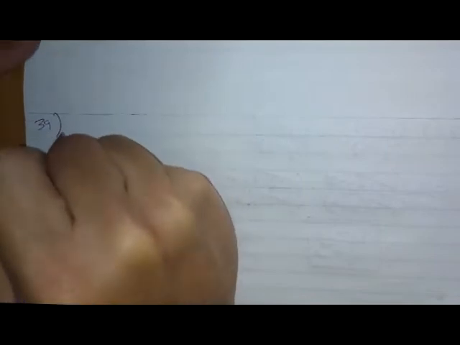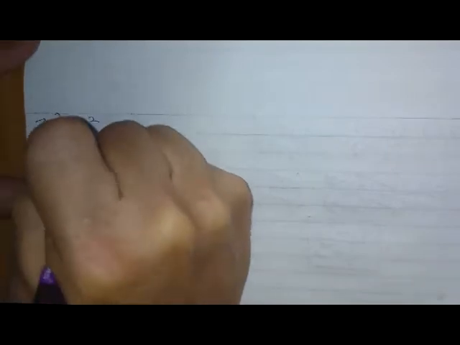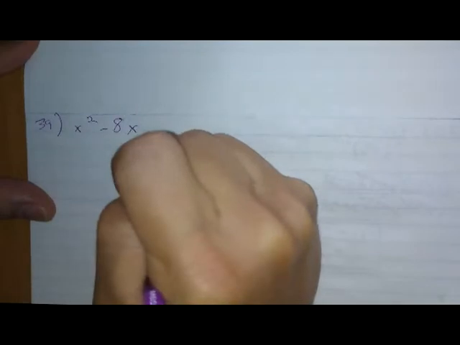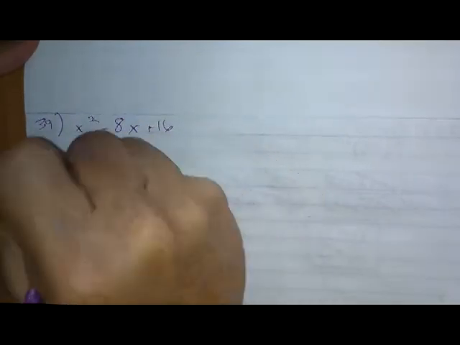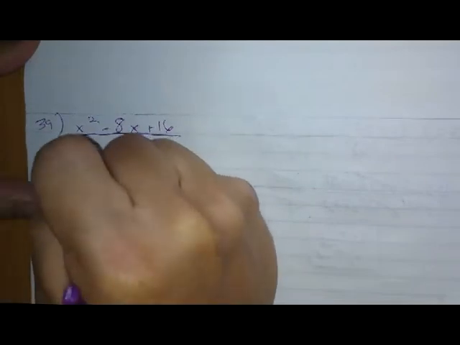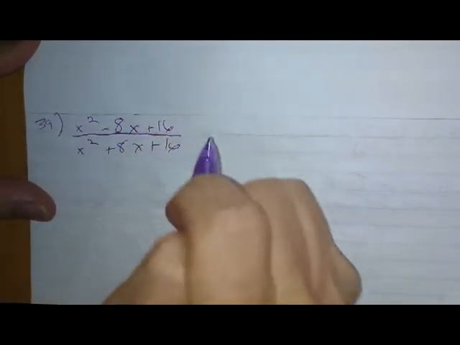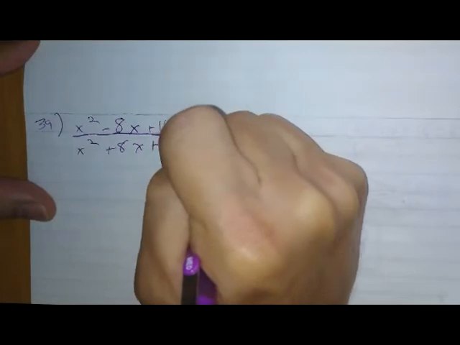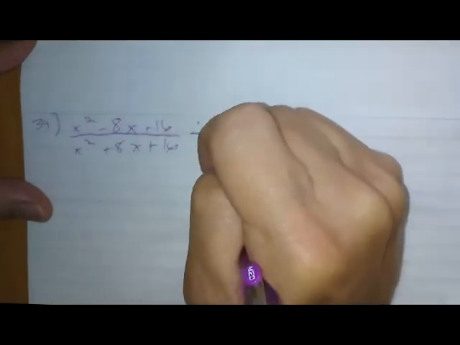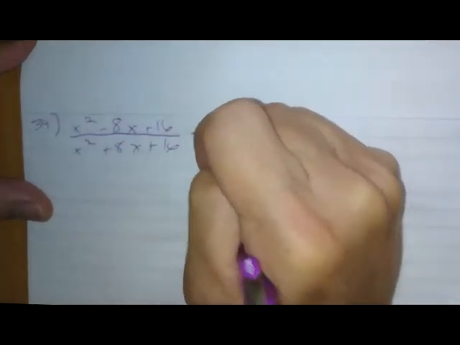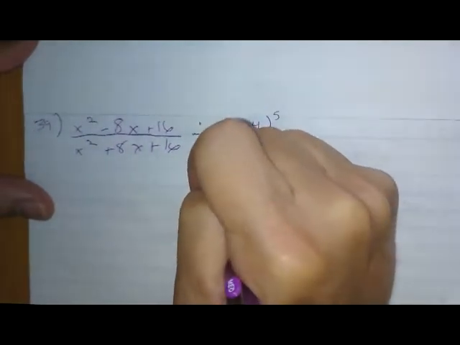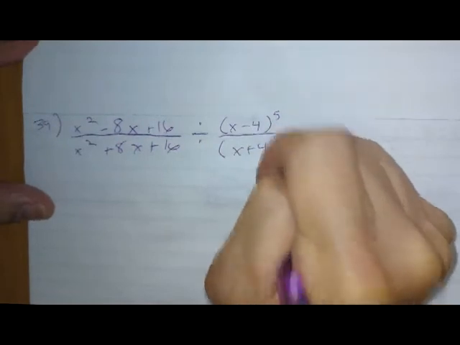Number 39. Okay, I'm going to use x instead of z. x squared minus 8x plus 16 over x squared plus 8x plus 16, divided by x minus 4 to the fifth over x plus 4 to the fifth.